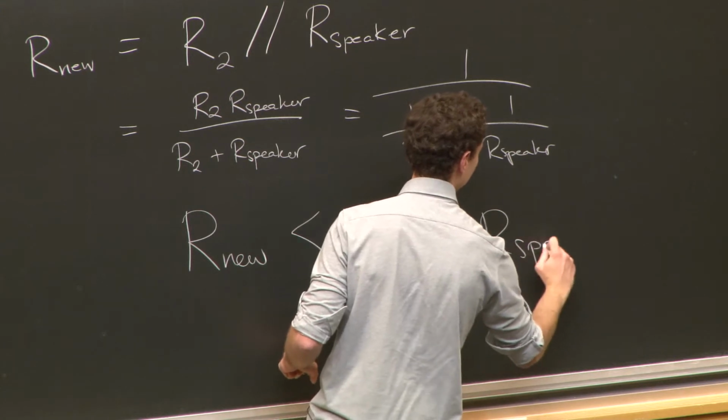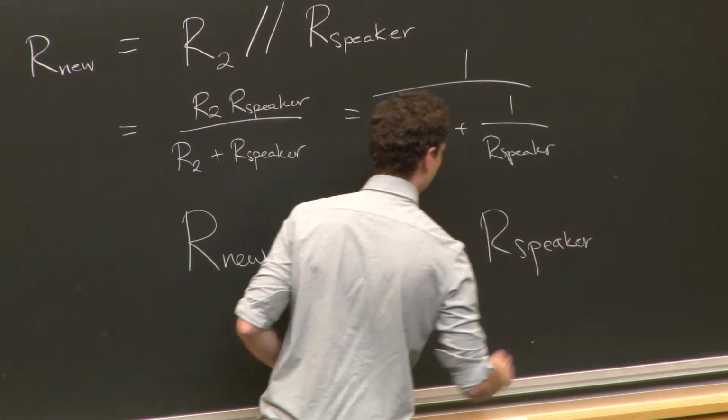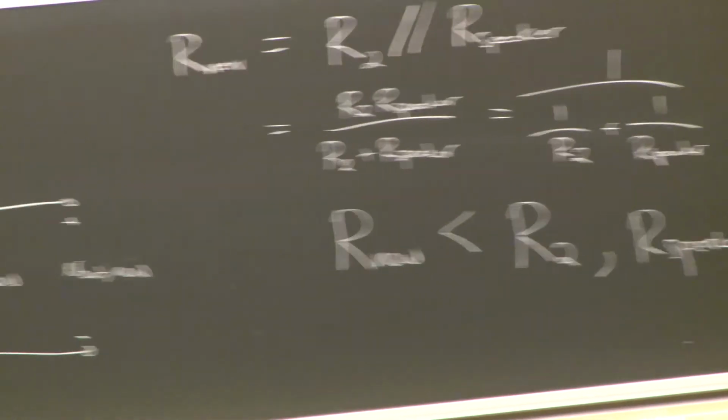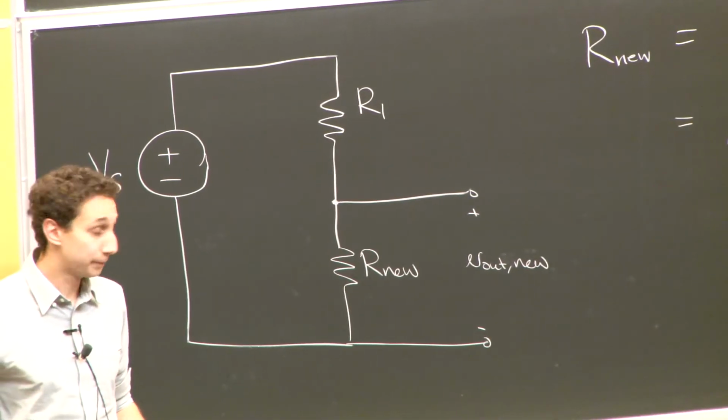It is less than the smaller of the two. Which means that my new resistance here is less than it was before. Which means what about my new voltage? It's less, right? From the voltage division formula. Is this clear to everybody?